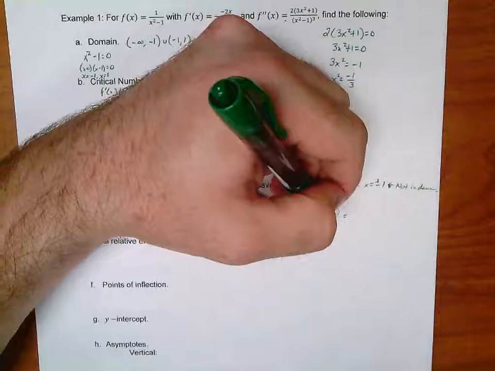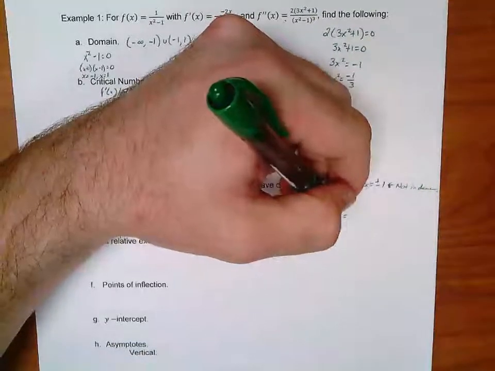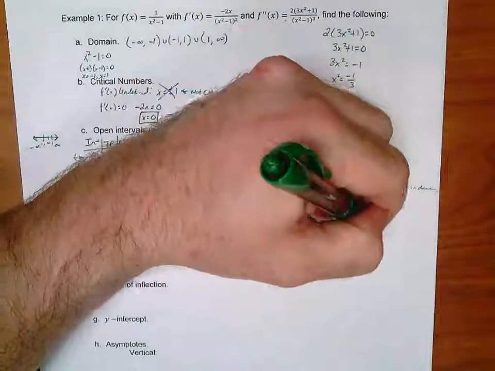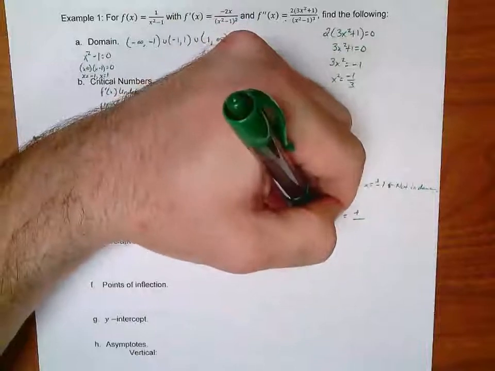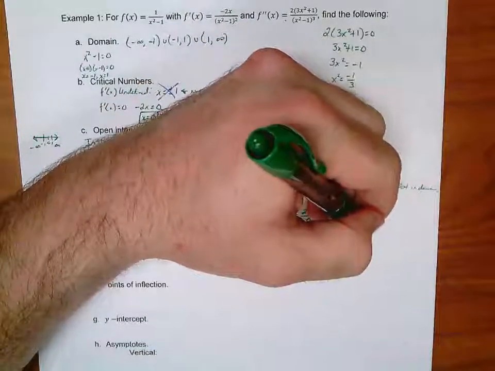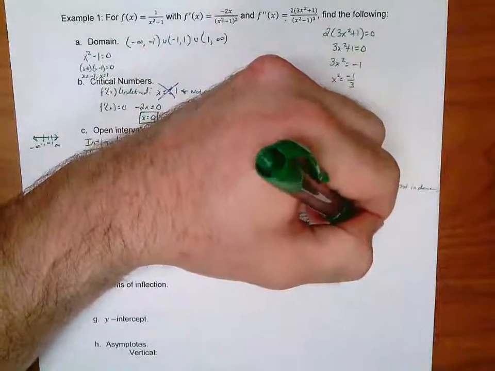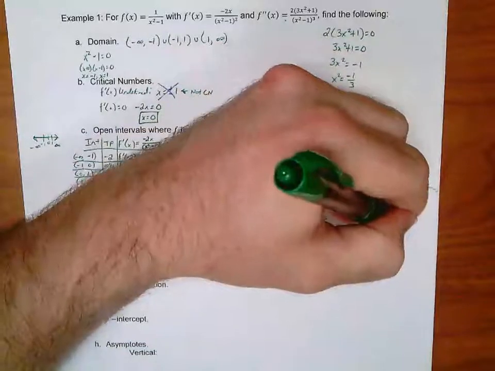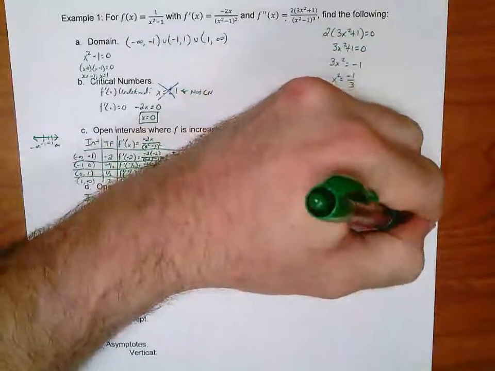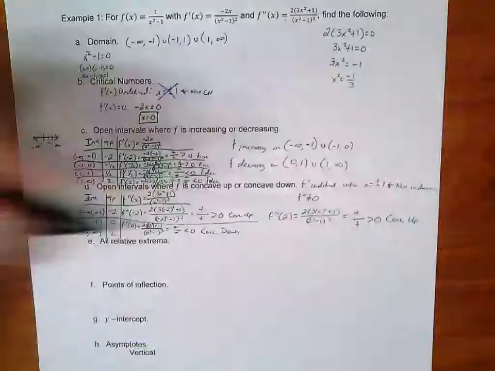So positive squared is positive times positive plus positive times another positive. Numerator is positive. 2 squared is 4 minus 1 is 3, positive 3. So cubing the positive is positive. So greater than 0, so concave up.